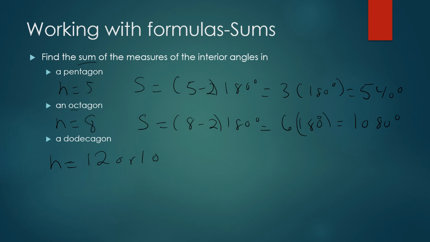But in either case, if it's 12, we do the same thing. We just replace that number into the formula, and we'll either have 1800 degrees, or if it's 10, then we'd have 8 times 180 degrees.